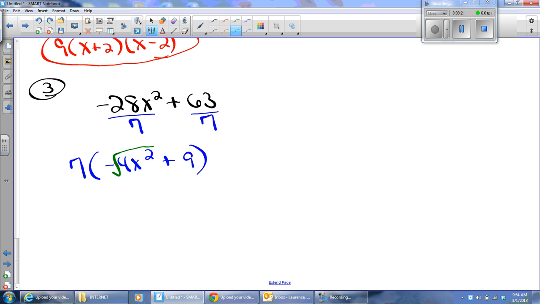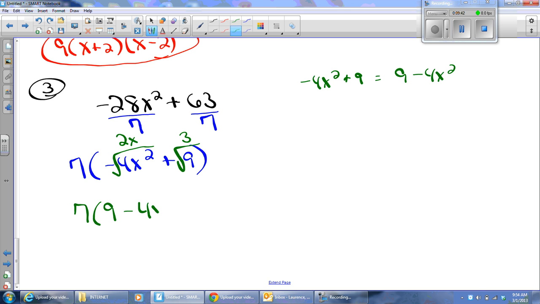I sure do. Do I have a perfect square here? Yep. But you're thinking it's not subtraction. Well, wait a minute. Isn't negative 4x squared plus 9 the same as 9 minus 4x squared? Yeah, I'm going to rewrite this over here. 7 times the quantity of 9 minus 4x squared. You still think it's not subtraction?